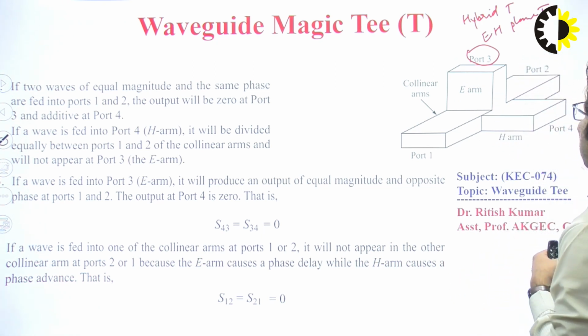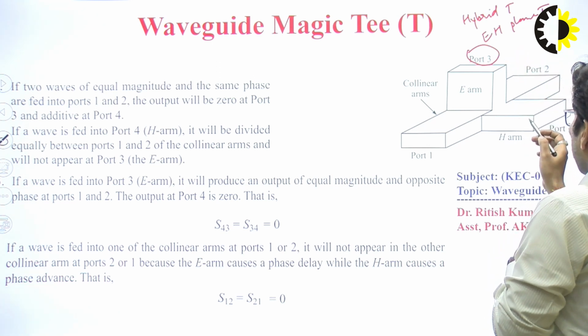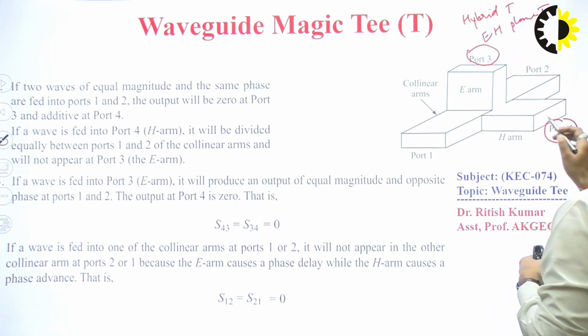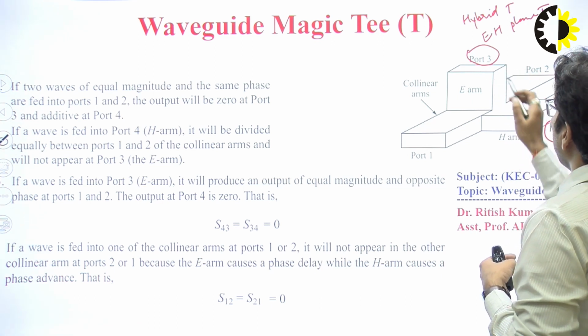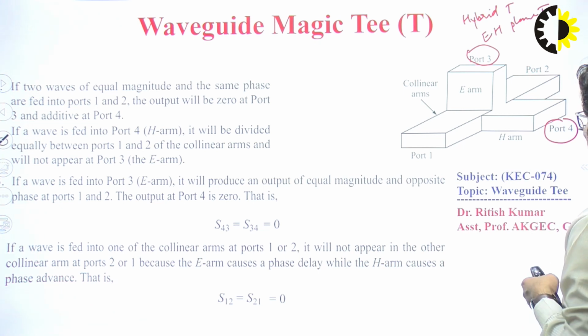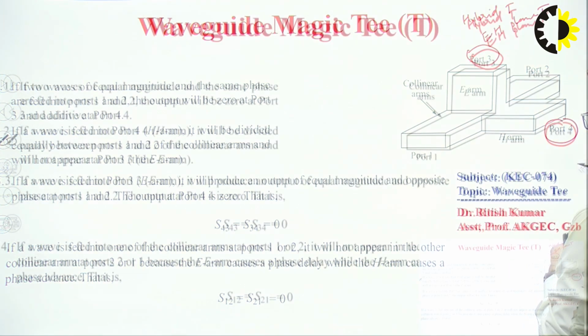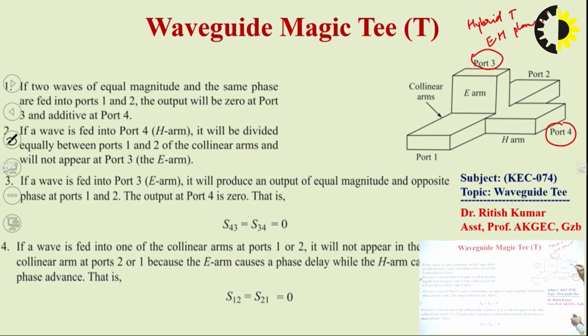If we apply some signal at port number 3, we will not get any kind of signal at port number 4 because both are cross coupled with each other. Ideally we have zero power, but practically we will have very little power at port number 4. That's why we call port number 3 and port number 4 the isolated ports.